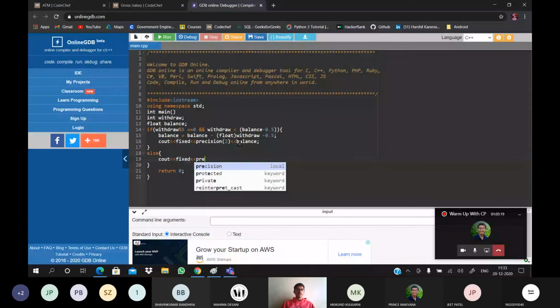Let us confirm if there is an error or not. Let me divide it with space so you can easily see it. I hope this is correct, and let us run this.